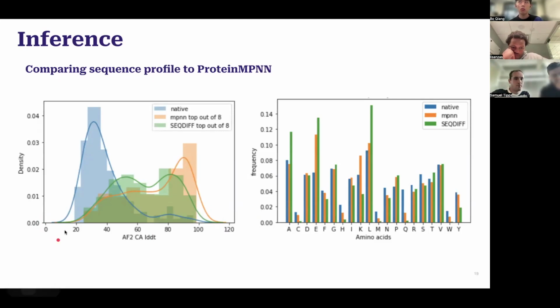And then on the left here, this figure is, if you take these backbones from native PDB and you redesign them with either MPNN or with the sequence diffusion model, in this case for our model, we're basically providing the backbone as conditioning information, very similar to this backbone design task, and then we're fully noising the sequence. So really the diffusion process is generating the sequence conditioned on this backbone.